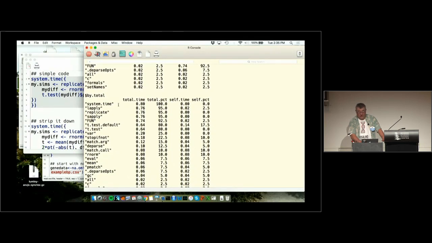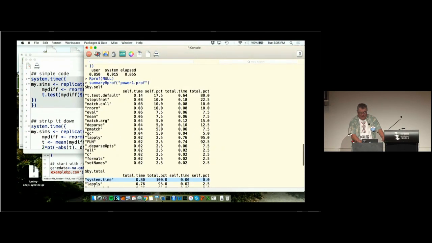If we look sorted by total time, well, it spends 100% of its time inside system.time because obviously it does. That was the outside and so on. If we look at self time, we're spending 20% of the time doing t-tests, which seems plausible.